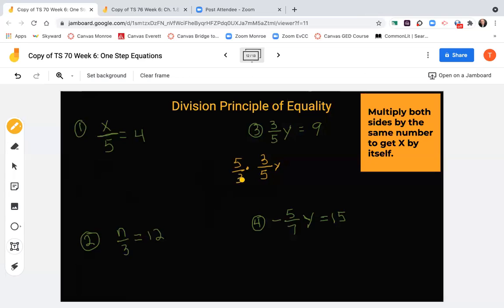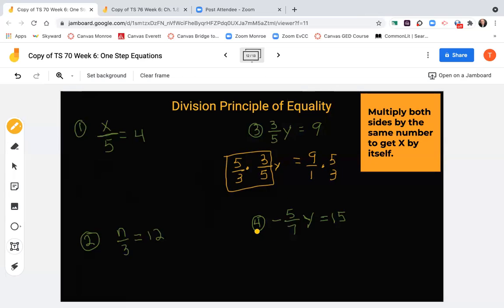You see that this is going to all cancel out and just give us y by itself, equals 9/1. What did we do on the left side? We multiplied by 5/3. And then I would solve it from there.